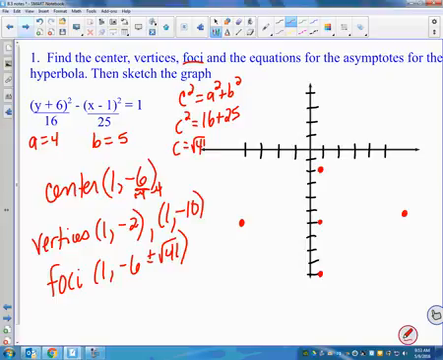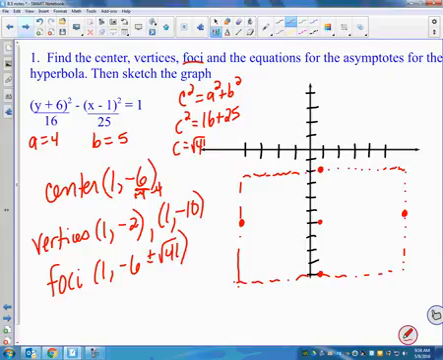So here's where the asymptotes come into play. The asymptotes are going to be, my slope's going to be like rise over run. So you can kind of think about if you made a rectangle of these 4 dots here, right? See if you can humor me for a minute. If I did a dotted line this way and down this way, you see how I can make a rectangle out of those, the vertices and the co-vertices?